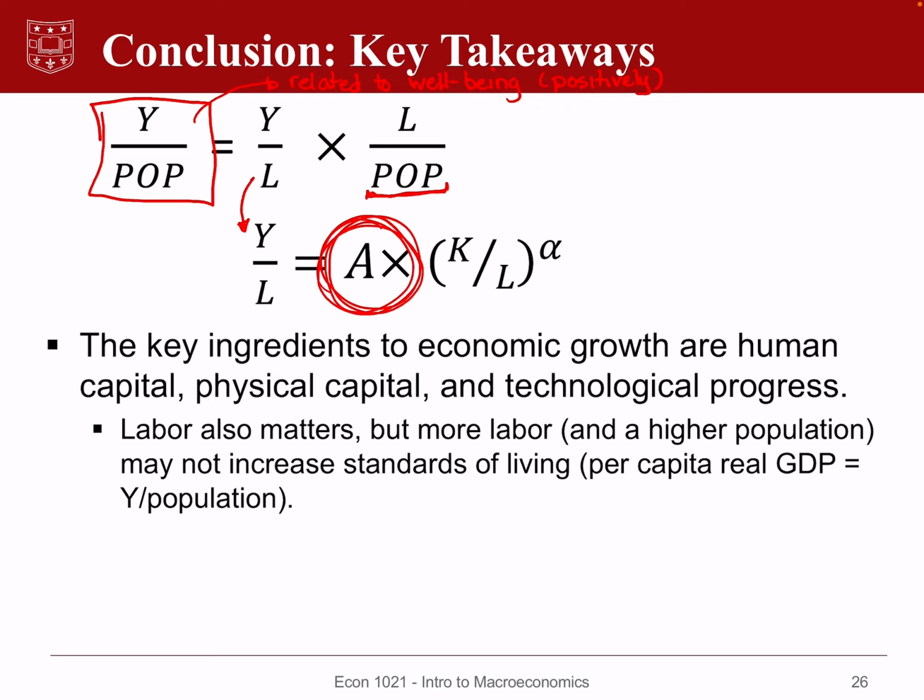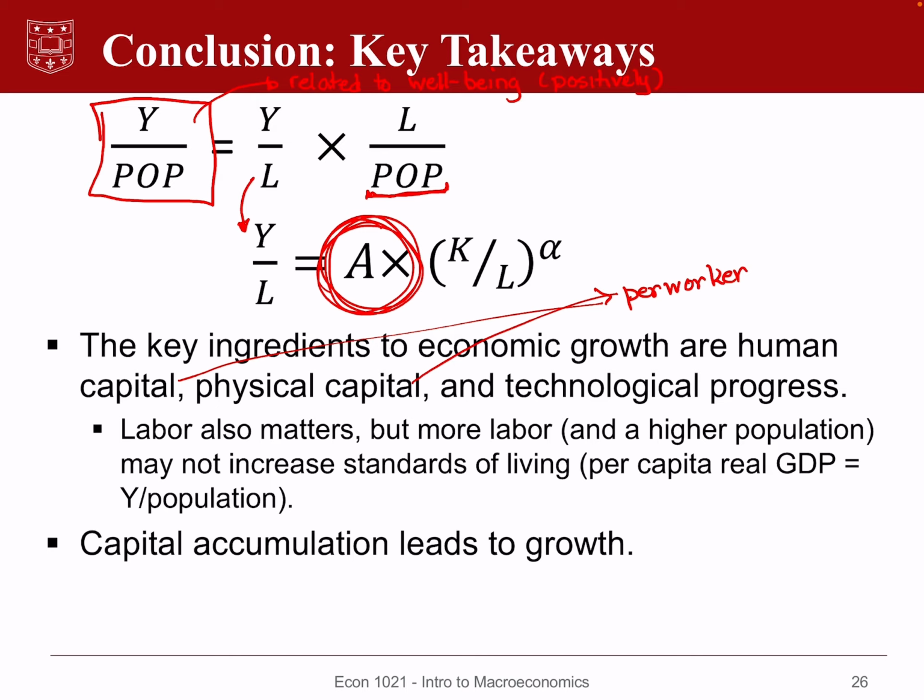So the key ingredients to economic growth are, of course, having more human capital and physical capital per worker, and technological progress. This is per worker, of course. Labor is going to matter, but we have the murkiness that if we have more people, that might not increase GDP per capita, so we need to be careful about that.